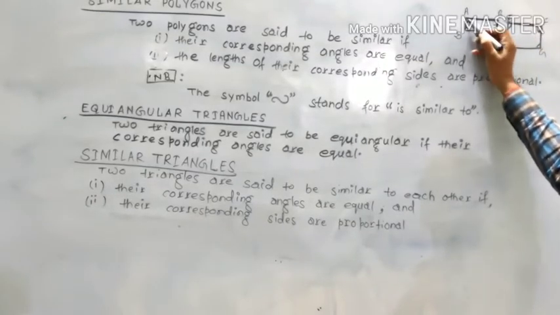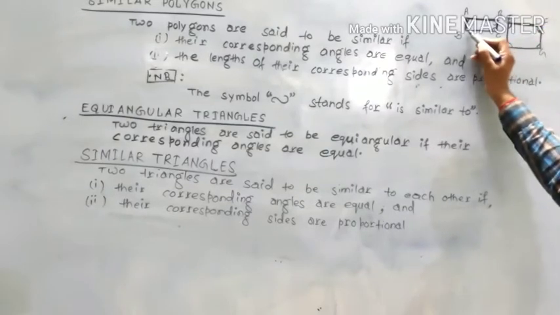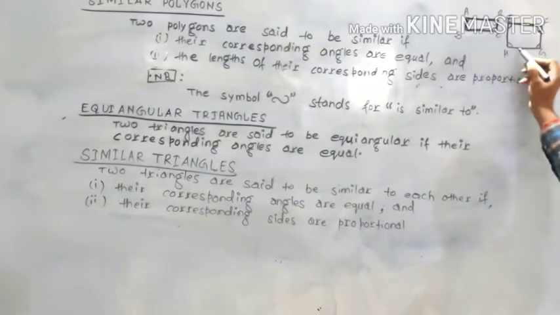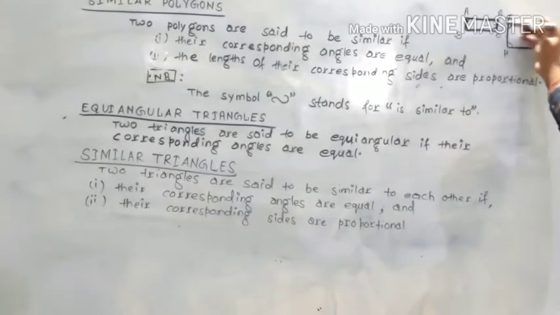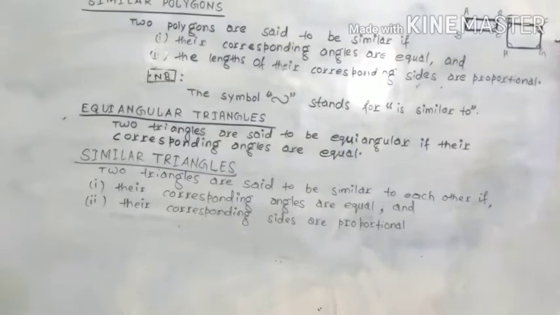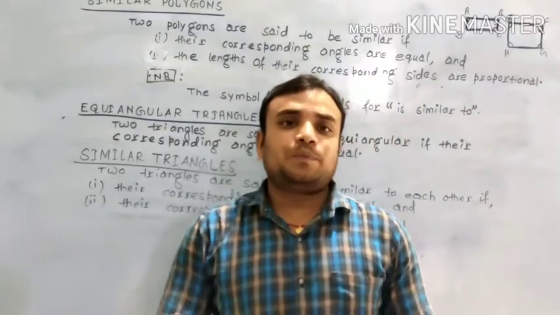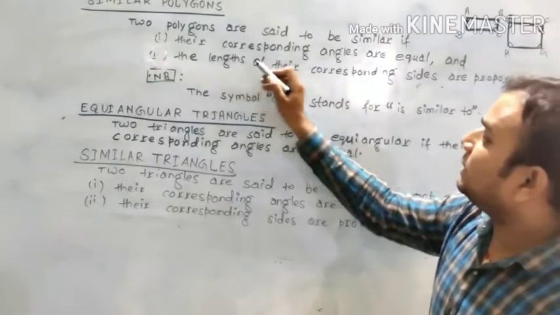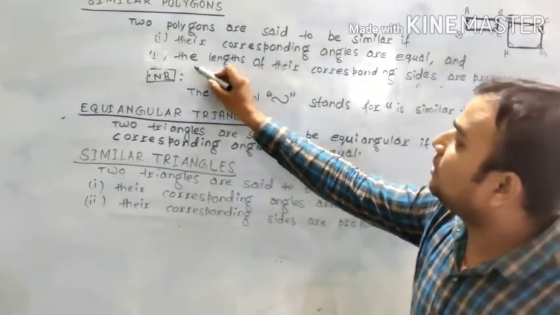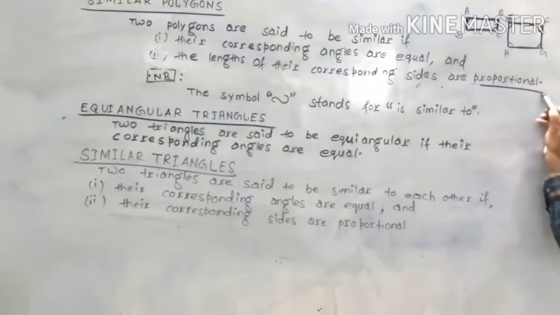EF equal to AD by EH and DC by HG equal to BC by FG. All the ratios of corresponding sides are equal. Then we say that the lengths of their corresponding sides are proportional.